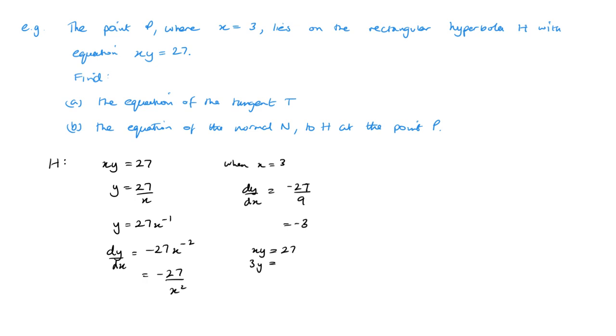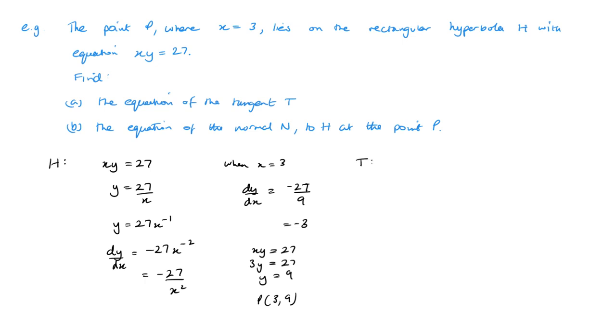So 3y equals 27, y equals 9. So P is the point 3, 9. So now we've got the gradient, minus 3, and the point P, which is 3, 9, we can now go ahead and find the tangent.